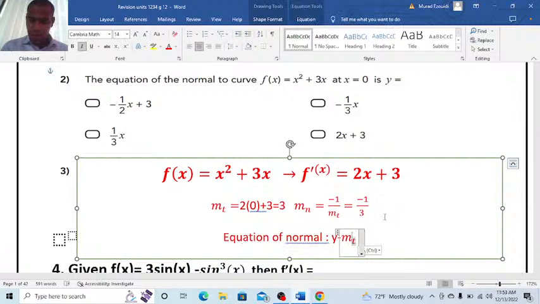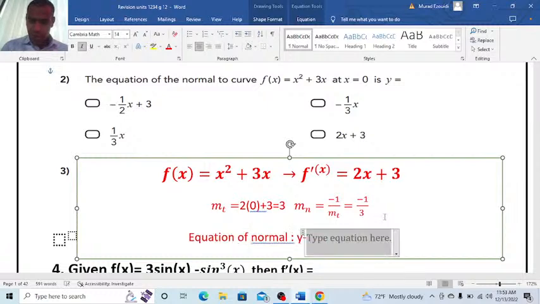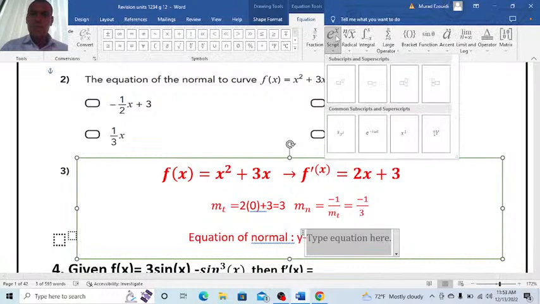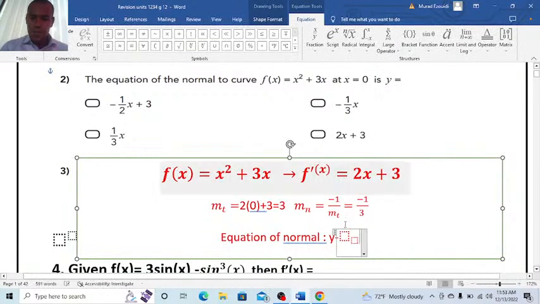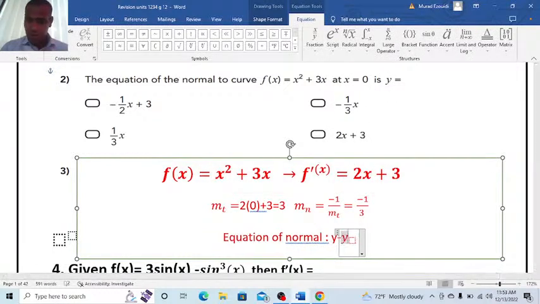This is y1. Okay, learners, this is y1, equal to what?